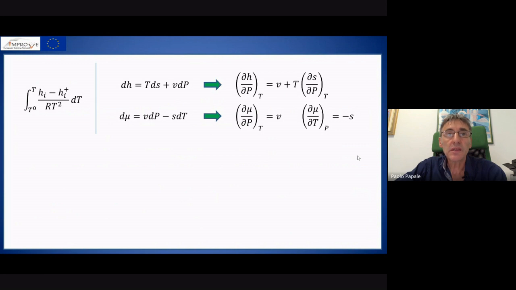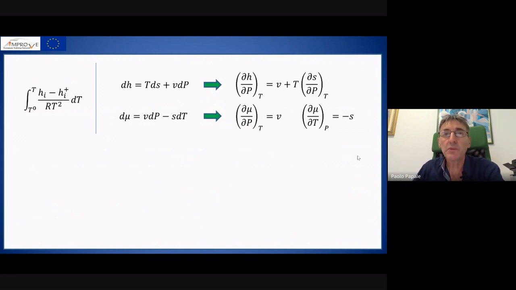From the first and second laws of thermodynamics, and after application of the Legendre transformation, we know the differential expression for enthalpy and Gibbs energy, here written for 1 mole of substance, recalling again that the molar Gibbs energy corresponds to the chemical potential.